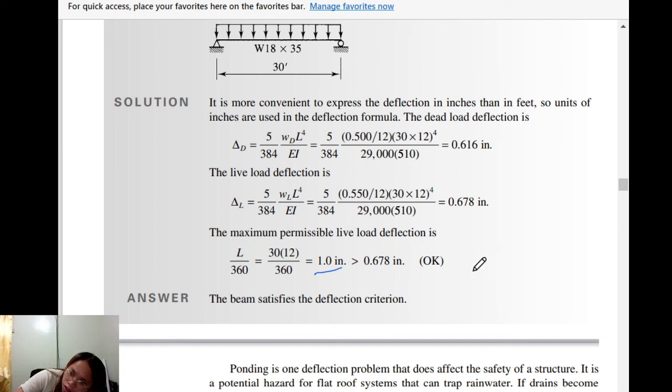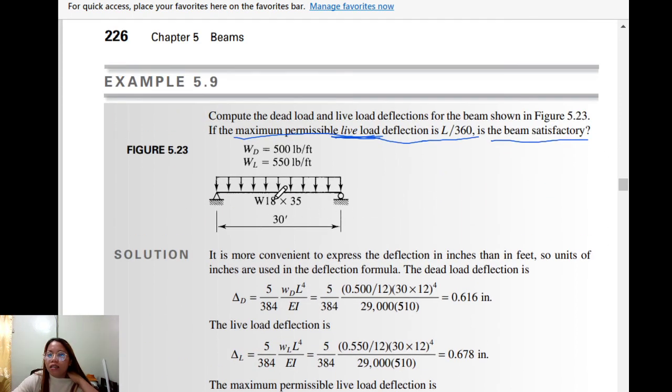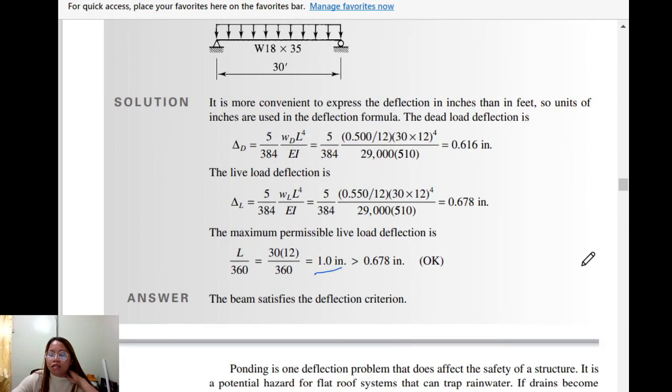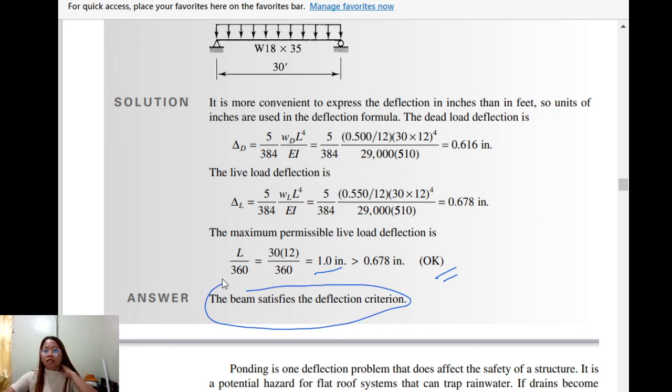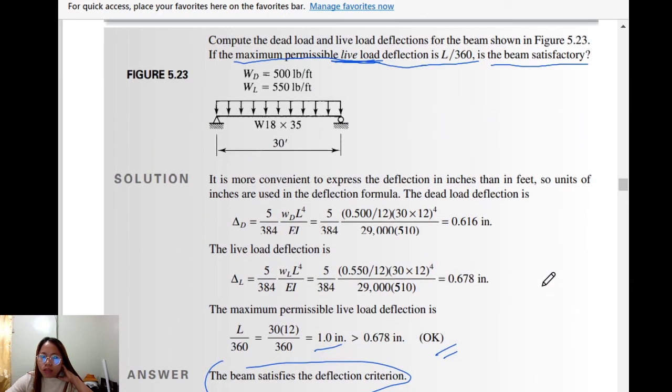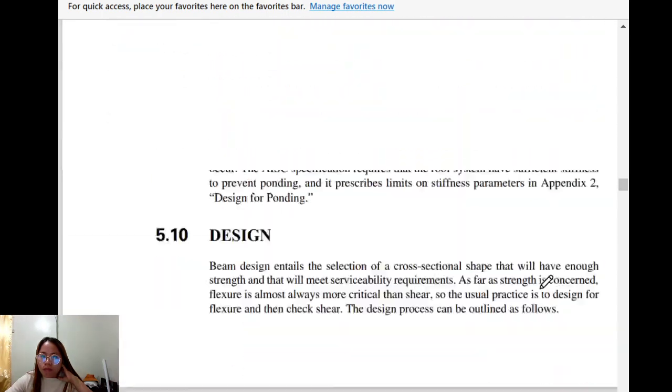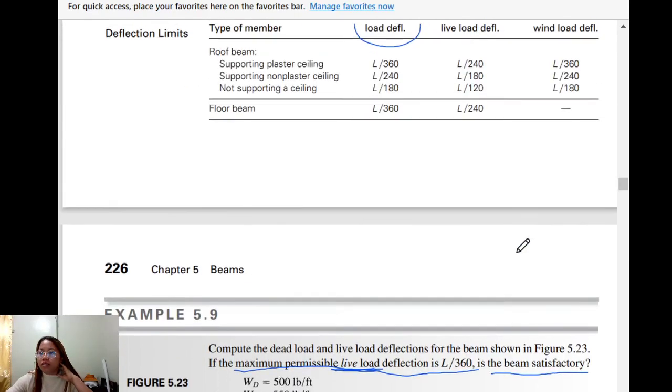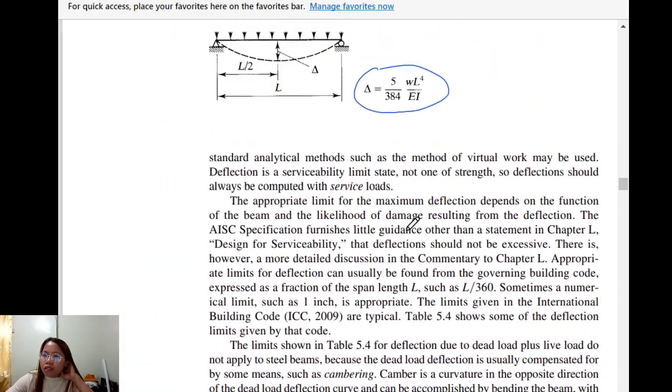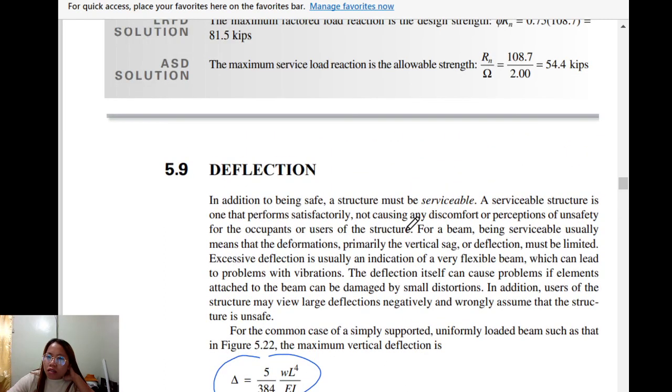So meaning the beam, or this W18 by 35 section, is satisfactory. This is okay, or the beam satisfies the deflection criterion. Right, this is for the deflection, for the serviceability of the section of the structure.